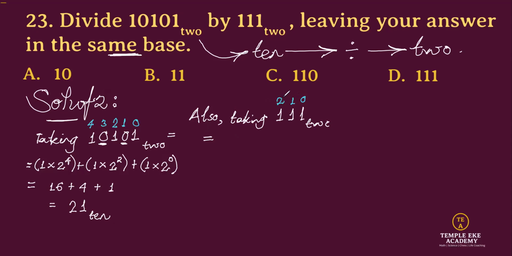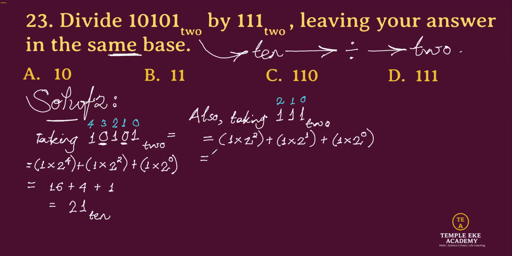And now we can have the expansion. So this is going to be, take the first digit, 1, multiplied by the base 2, raised to the power of the digit on it, which is 2, then plus the middle digit, which is 1, multiplied by the base 2, raised to power 1, and finally plus 1, multiplied by the base 2, raised to power 0 on it.